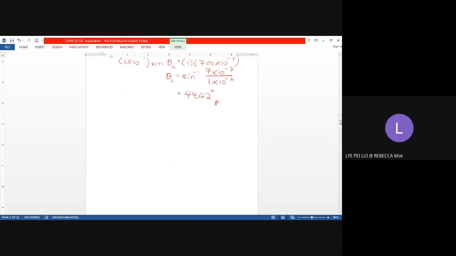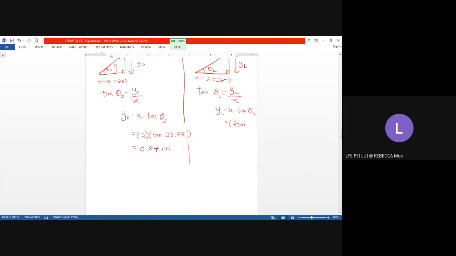So we substitute 44.42 degree. So how much do we get? 1.96 meter, right? So the first one is for shortest, the second one for longest.